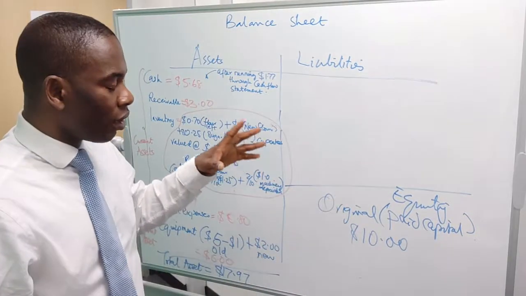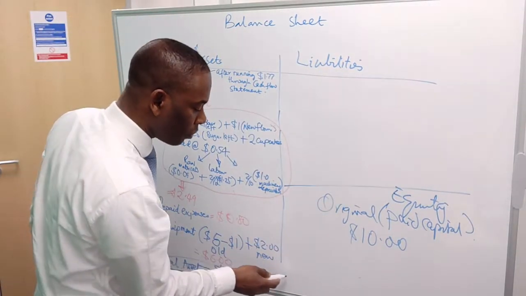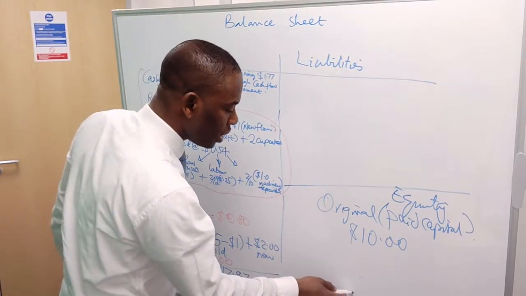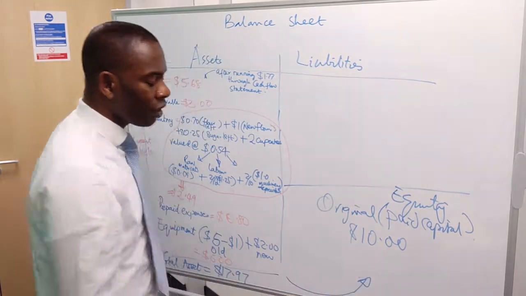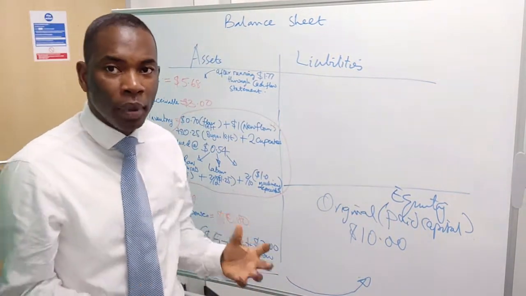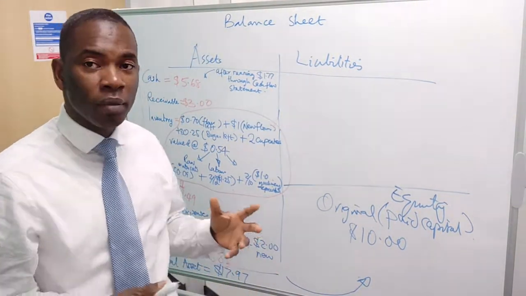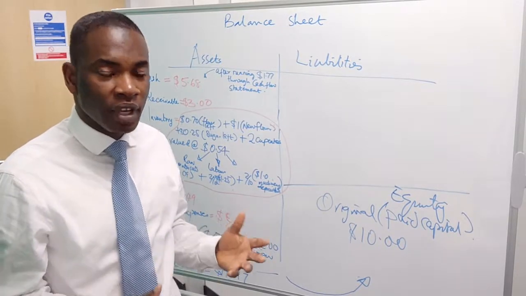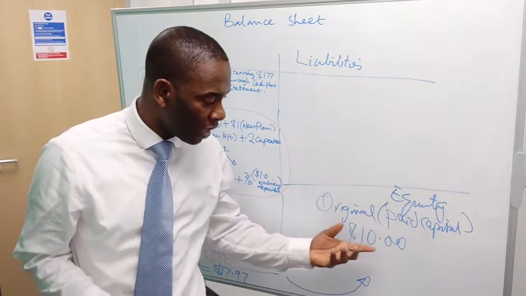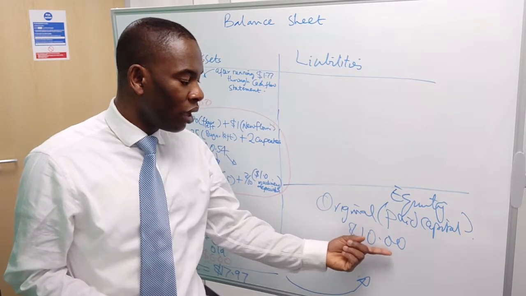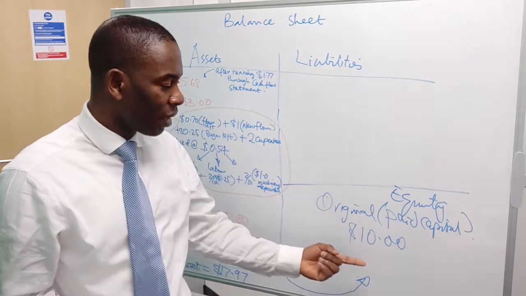Then also the profit from the income statement swings right in here. And if we don't pay any dividends, we put all of that under your equity as retained capital.